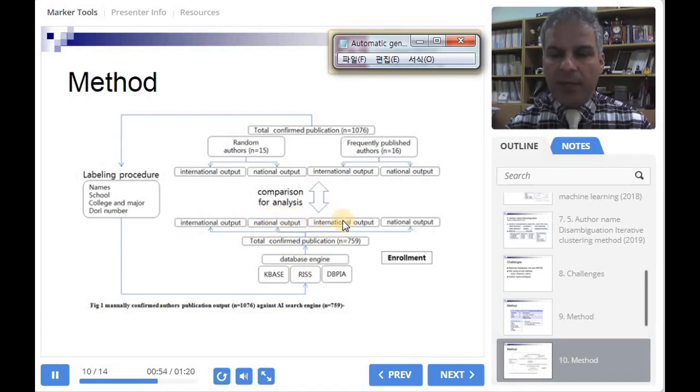Not all, but some of them. And then we compared names with the dataset. We had a total of 759 confirmed publications.